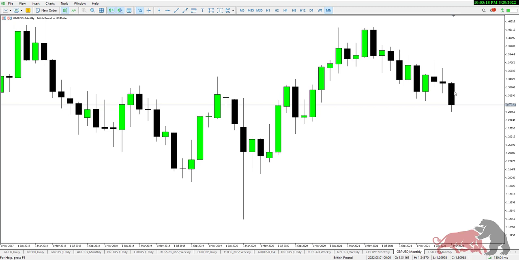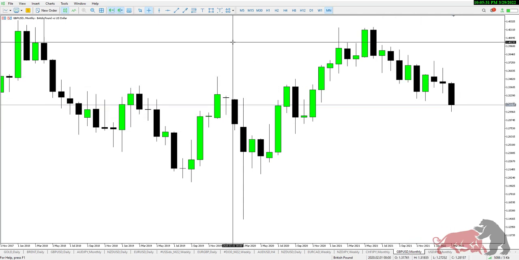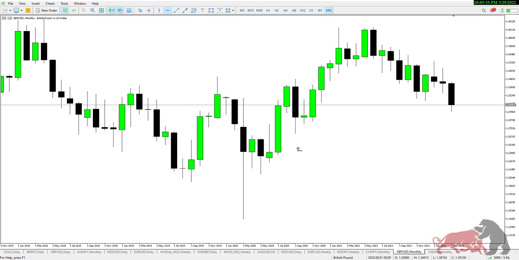If you remember correctly, the target on pound USD was somewhere around 1.31, and we've now broken to the downside. That's crucial, that's number one of your order flow analysis. We have broken to the lower side of the December low, so basically we have broken to the downside of last year's low.